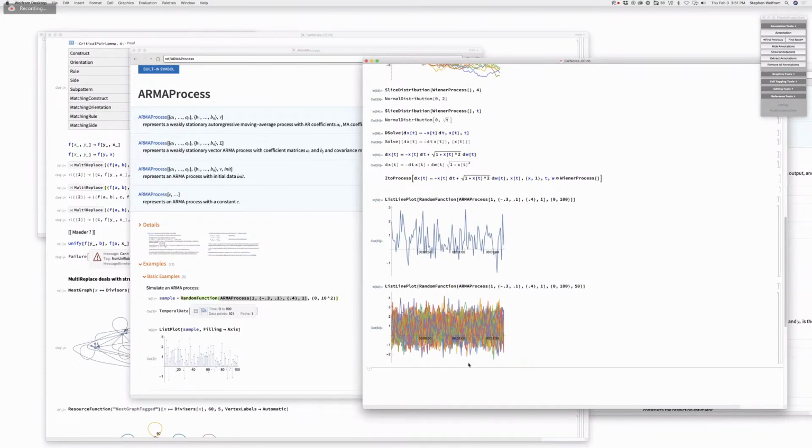Okay. So now what you can ask for from that process, you can ask for stationary distribution. I think it was. What's happening here? Well, look at that. Okay, so I'm trying to understand where we were getting this from.